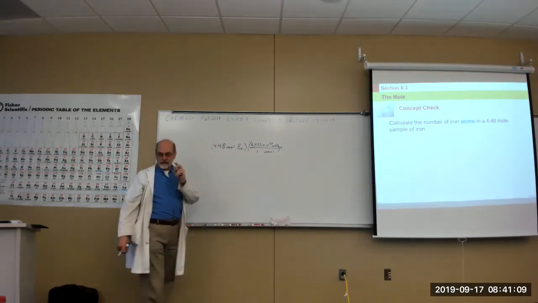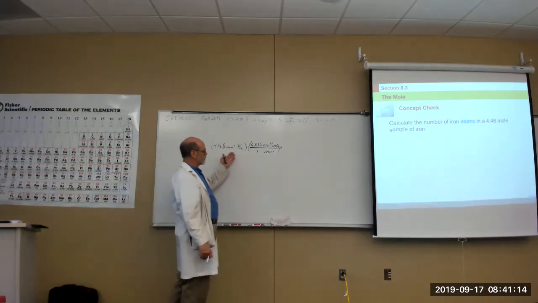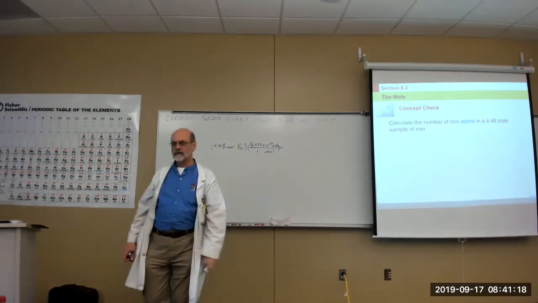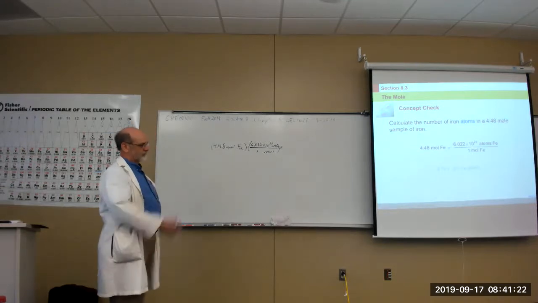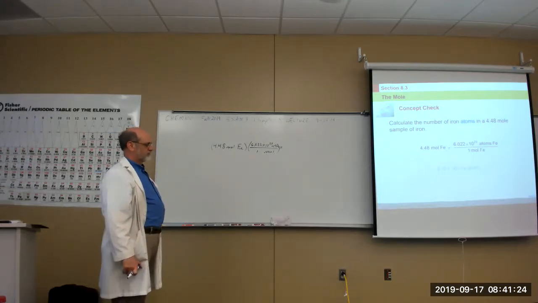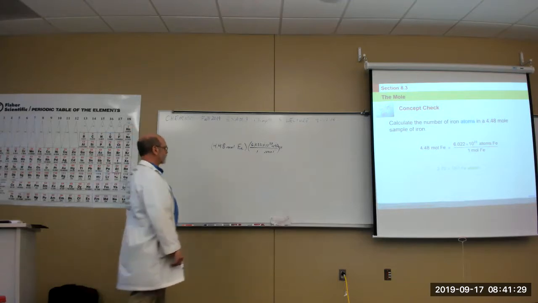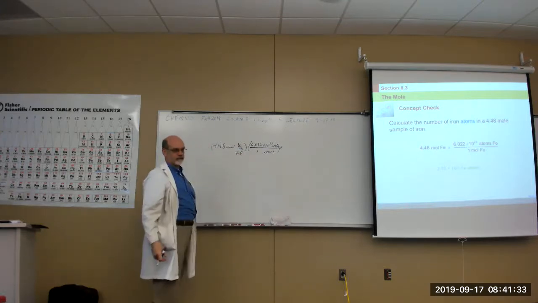Then it will be different for each element. But here we're just changing numbers to numbers. And numbers to numbers, it doesn't matter what the atom is. Okay, so we have 2 times 10 to the 24th iron atoms. We could substitute anything in there. Still be the same answer.